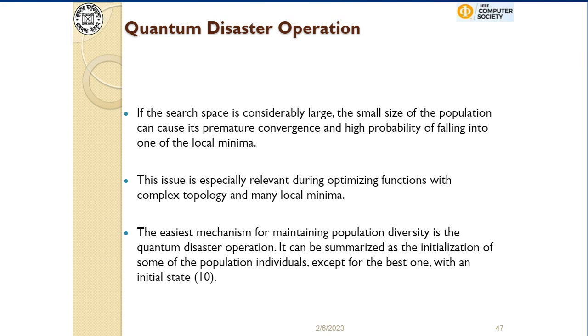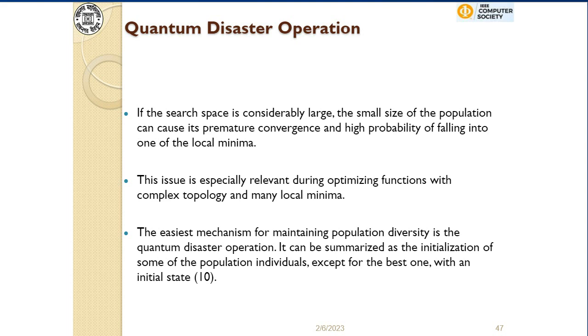So that is why an operation can be designed, which is referred to as the disaster operation. At any point of time, it checks whether a particular chromosome is going to be stagnant or is going to fall into a local optimum. At this point, it reinitializes all the chromosomes with that particular property, which are liable to fall into a local optimum, to the initial state 1,0. That is what I mean to say.